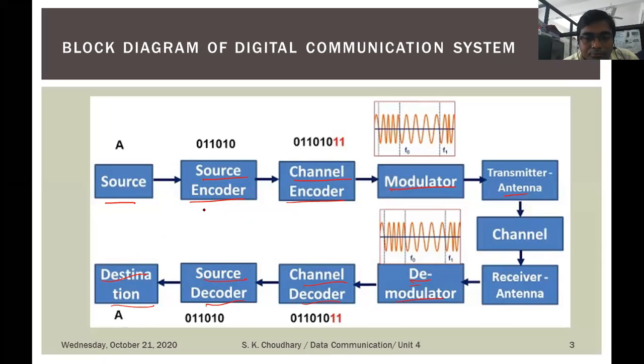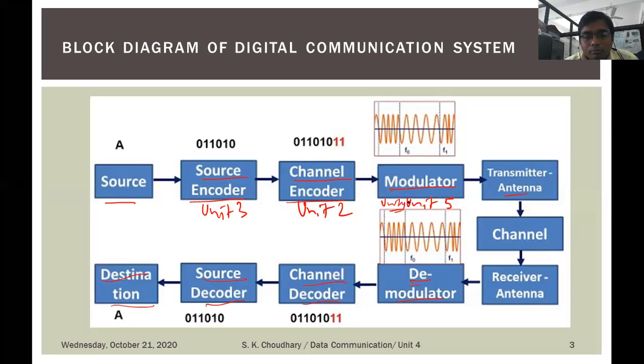We have already gone through this, and in the 5th unit it will be in detail, and in between that we are going to learn baseband transfer in unit number 4.